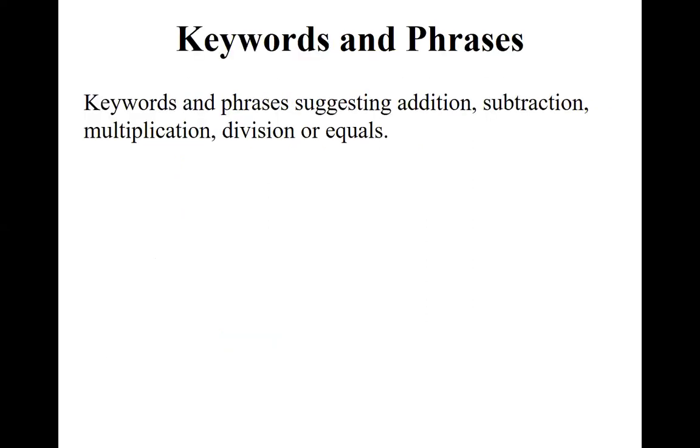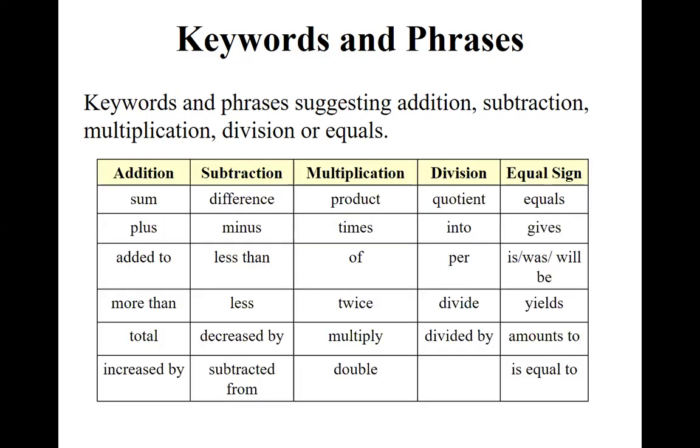Just like we had for addition and subtraction and multiplication and division, we have some key words and phrases for the equal sign. Let's review some of our keywords and phrases. Recall that some keywords and phrases for addition were sum, plus, added to, more than, total, and increased by.